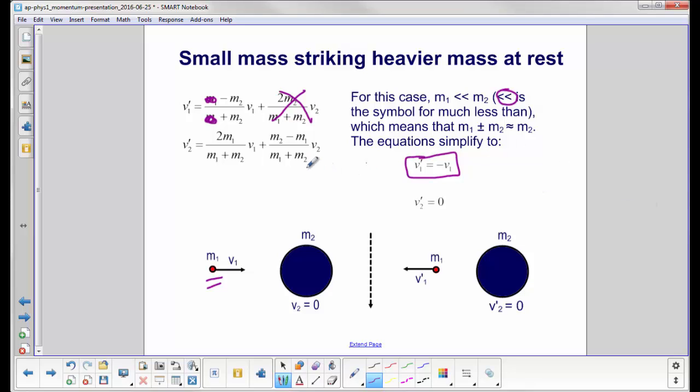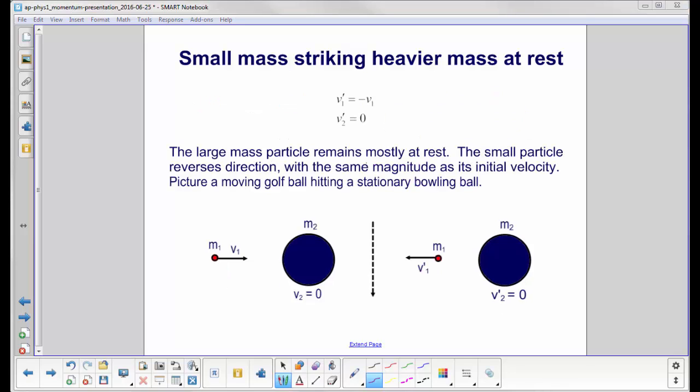V2 prime is 0; you can work it out and you'll find that it basically doesn't move. Again, it has to move a little for conservation of momentum, but we're going to ignore that because the movement is so slight. The smaller particle rebounds with the same speed but in the opposite direction, and the large particle basically doesn't move.